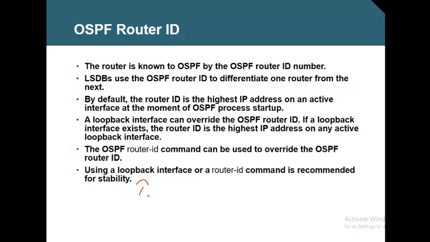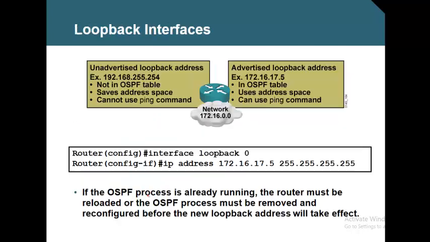They will simply use that as the ID only. There is no need for it to be a routable address. So the loopback address can be used. It need not be in the OSPF table.